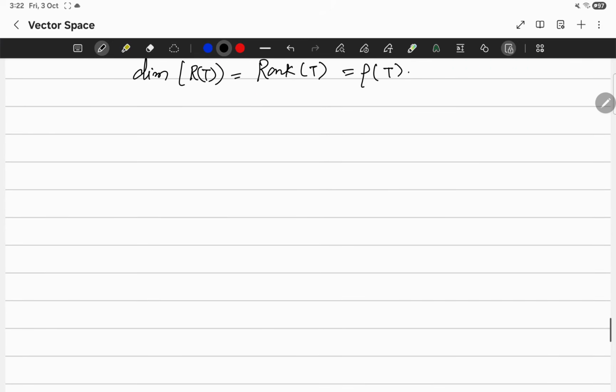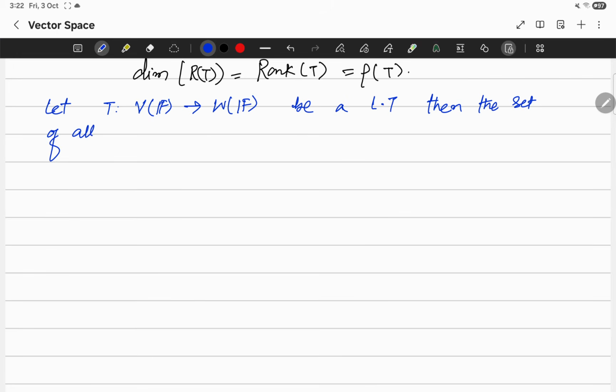Okay, so by the definition, what is the range space? We say that T is a function from a vector space V over F to the vector space W over F. If it is a linear transformation, then the set of all those elements, which we denote by Y, in W over F such that it has a pre-image.